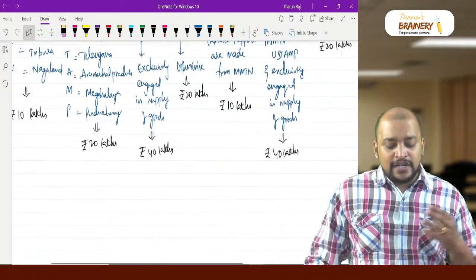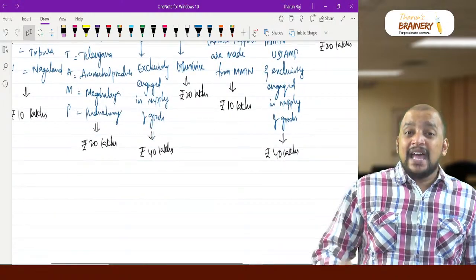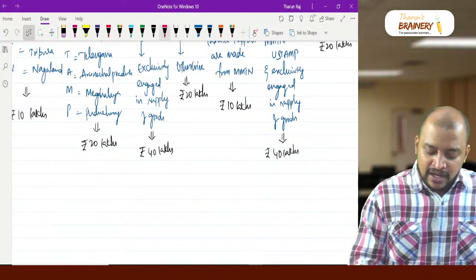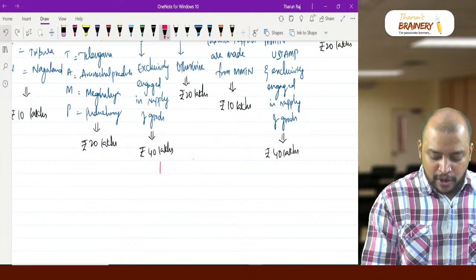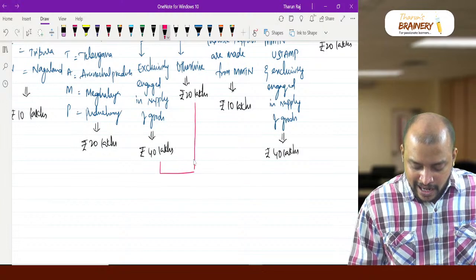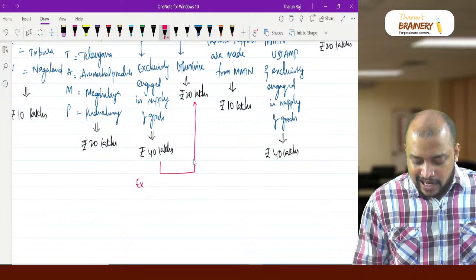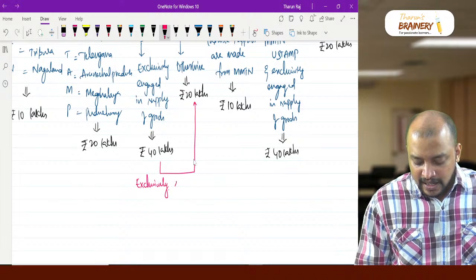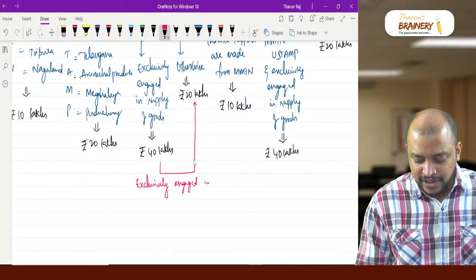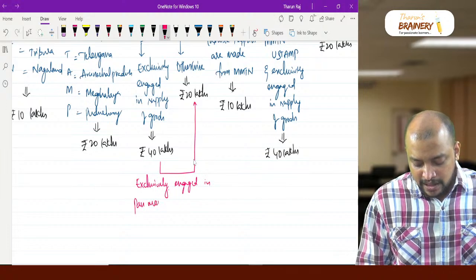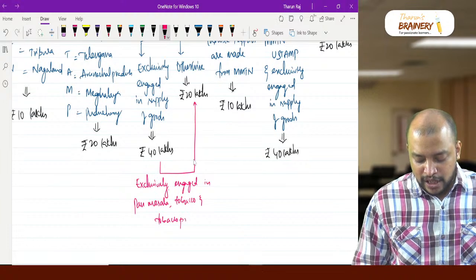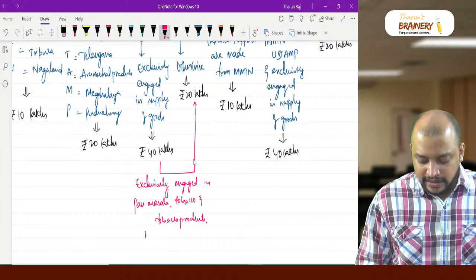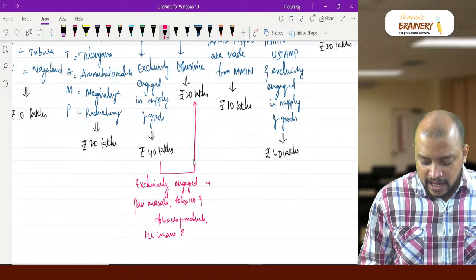Then, if you are exclusively engaged in supply of pan masala, tobacco and tobacco products, ice cream and edible ice.